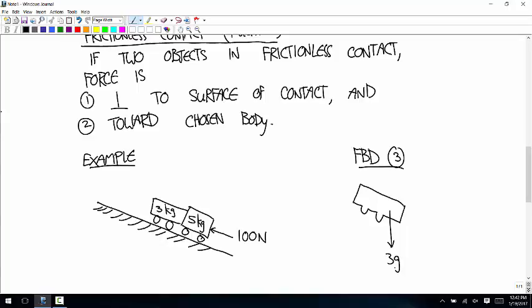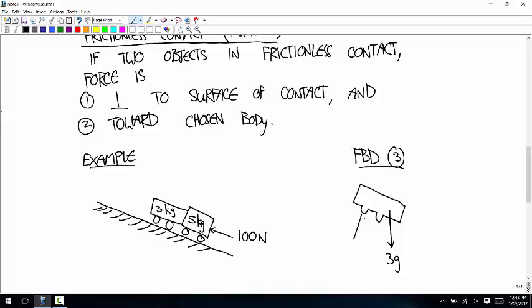And now we're looking around the boundary for contact. At the wheels, there's a pushing contact. The ground's pushing on the wheels. So that force is going to be perpendicular to the surface of contact, the ground in this case.